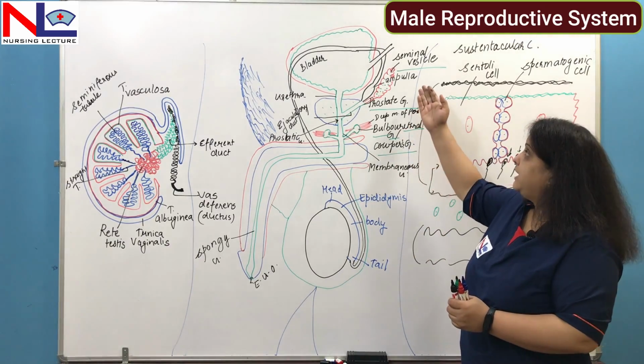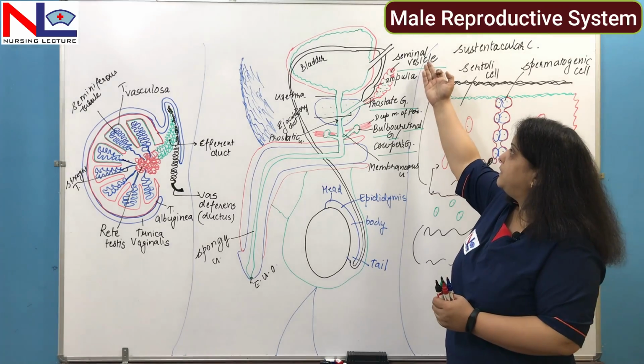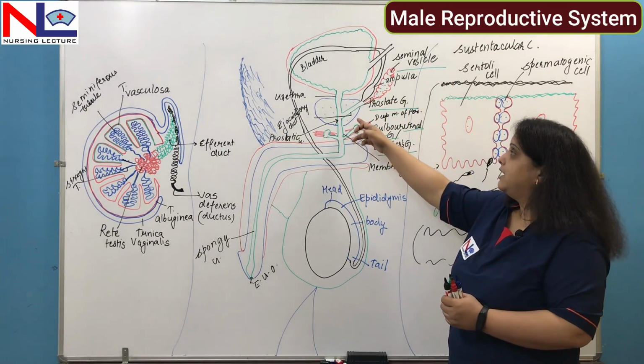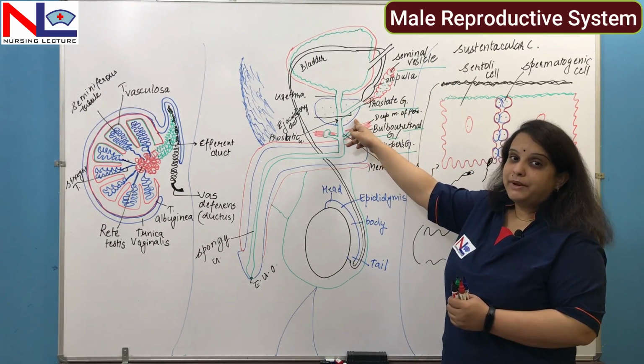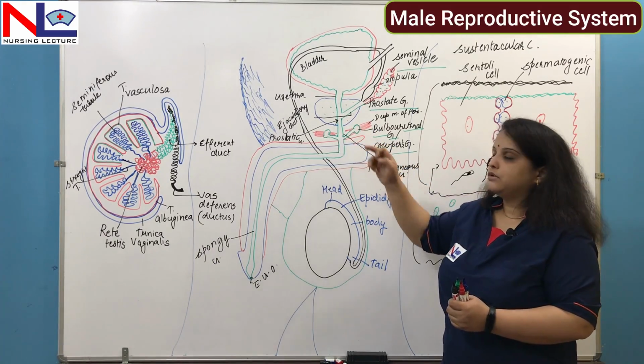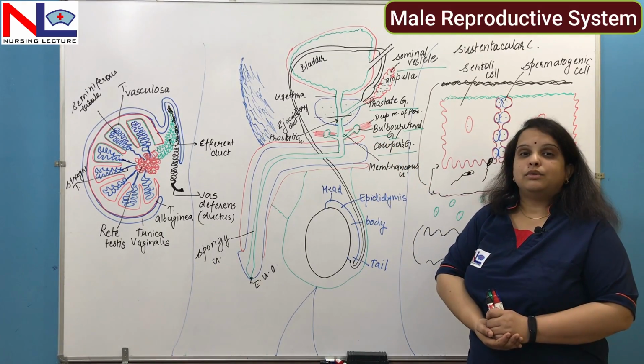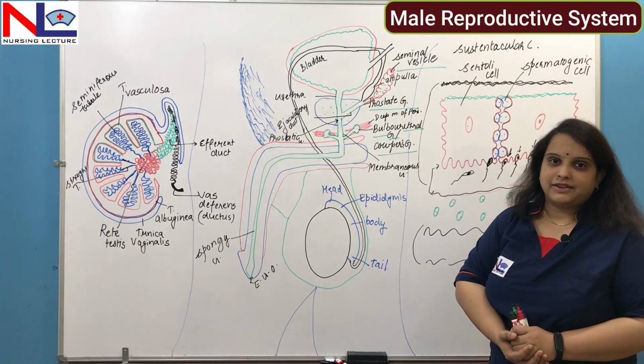So these are the three accessory sex glands: the seminal vesicle, which is paired, the prostate, which is only one unpaired gland, and the bulbourethral, which is also a paired gland. So this is all we have discussed in this lecture. Thank you.